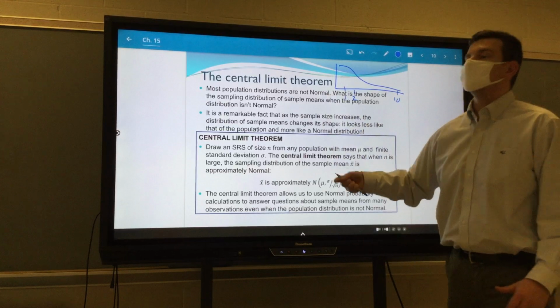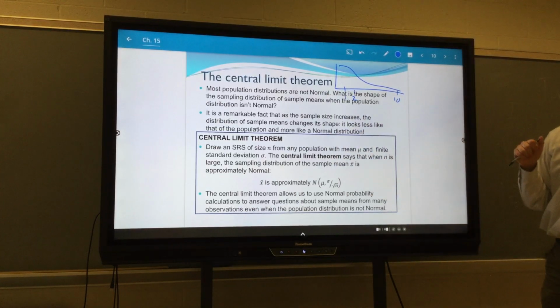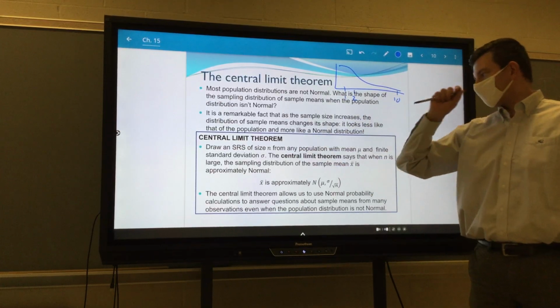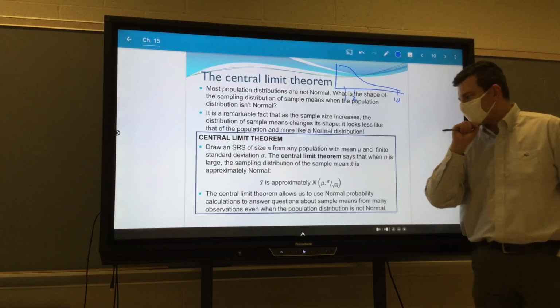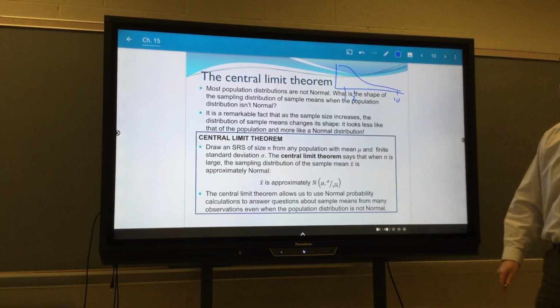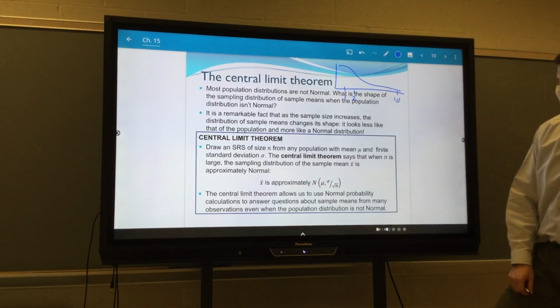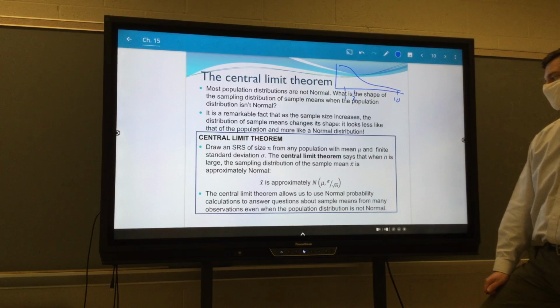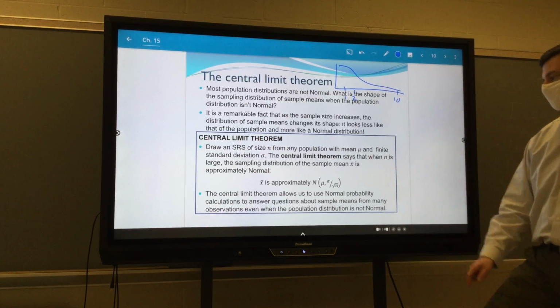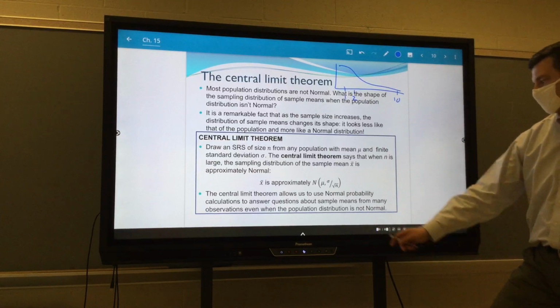But here's another reason why it's essential. Okay? The central limit theorem says you take a simple random sample of size n from any population with a mean of mu and a finite standard deviation sigma. This theorem says that when n is large, the sampling distribution of the sample means x bar is approximately normal. Okay?